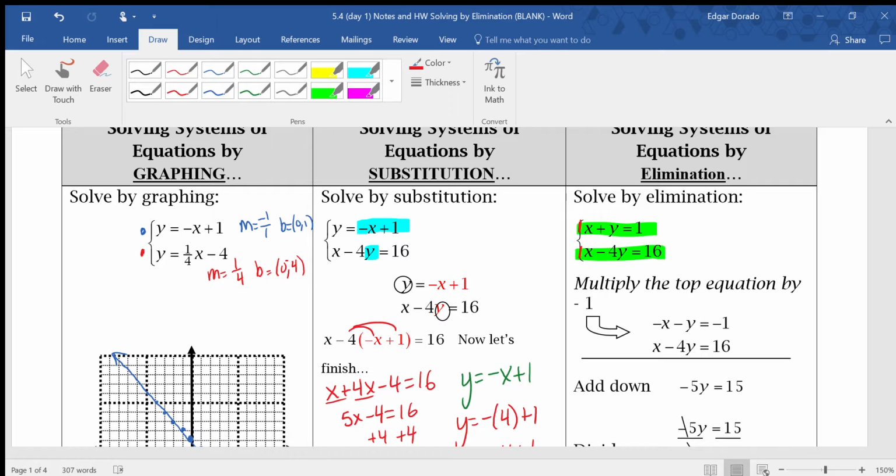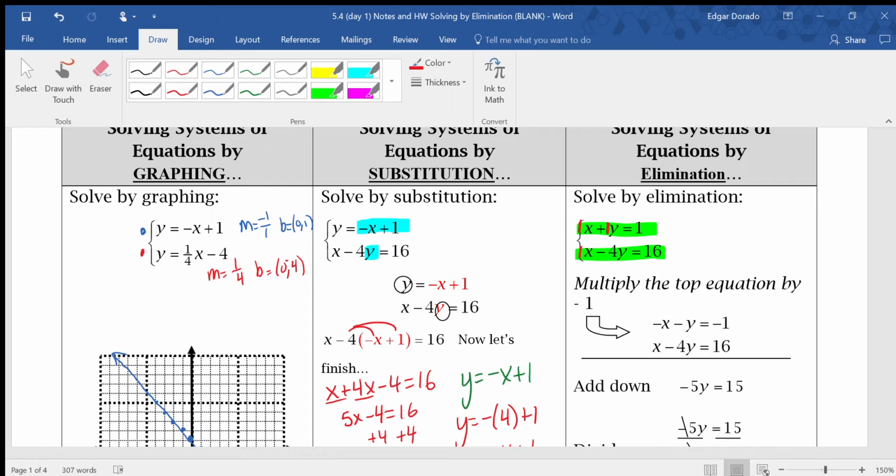So if I were to add those, that would be 2x, so it doesn't eliminate my x's. What about if I add the 1y and the negative 4y? That would give me negative 3y, so that wouldn't eliminate them. So we have to manipulate this somehow in order for the x's or the y's to drop out.